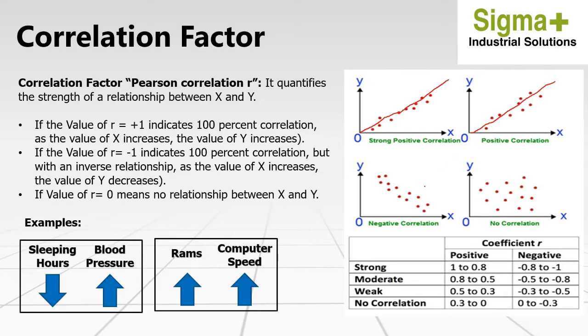In the third scenario, we can see a strong negative correlation because the trend line is in the downward direction, and the distances between the residual points and the trend line are very close.